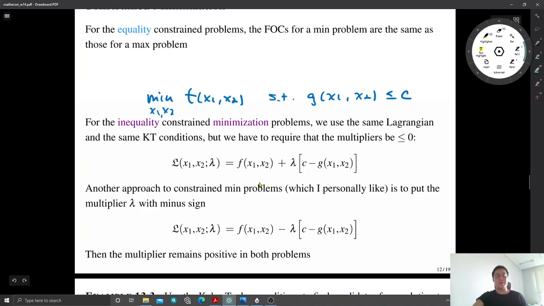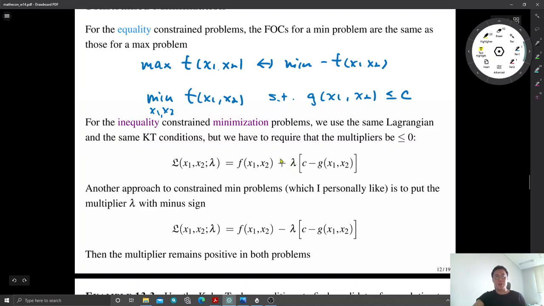The other approach is, because if we have a maximization problem, maximizing function f is equivalent to minimizing negative of this function. So we can write the Lagrangian just by putting a negative sign in front of the objective function when we encounter a minimization problem. That is the second approach. And the third approach, which I personally like, is to simply put a negative sign in front of the multiplier.